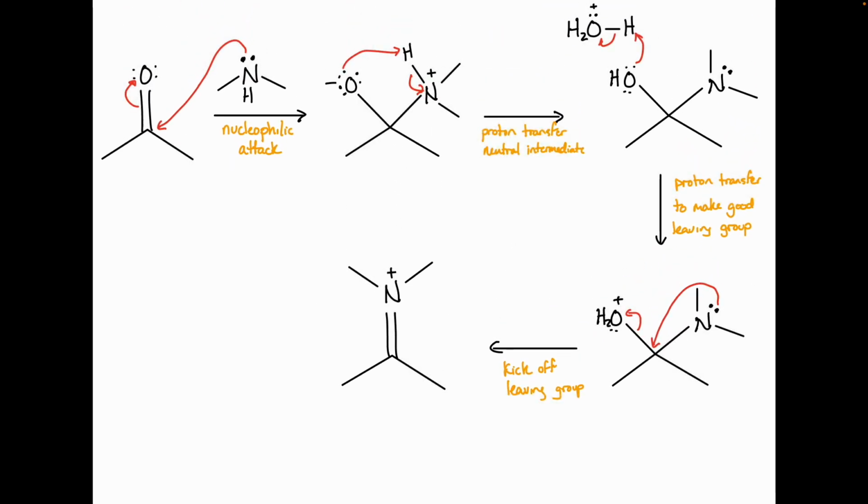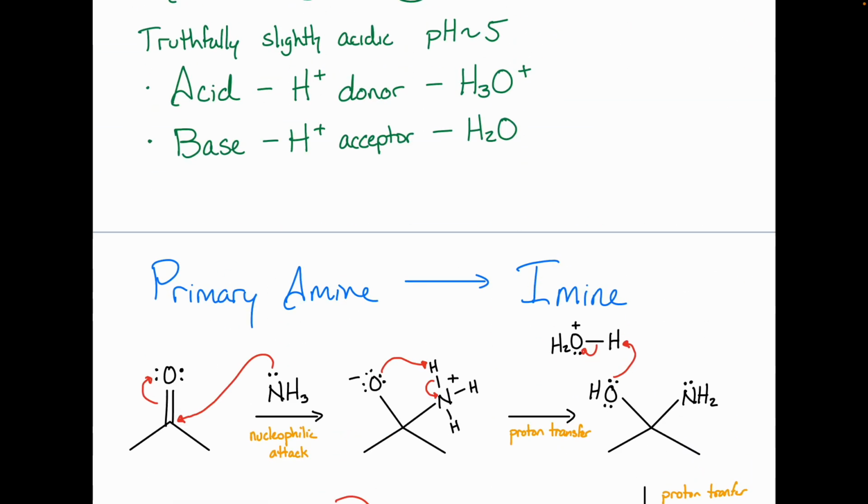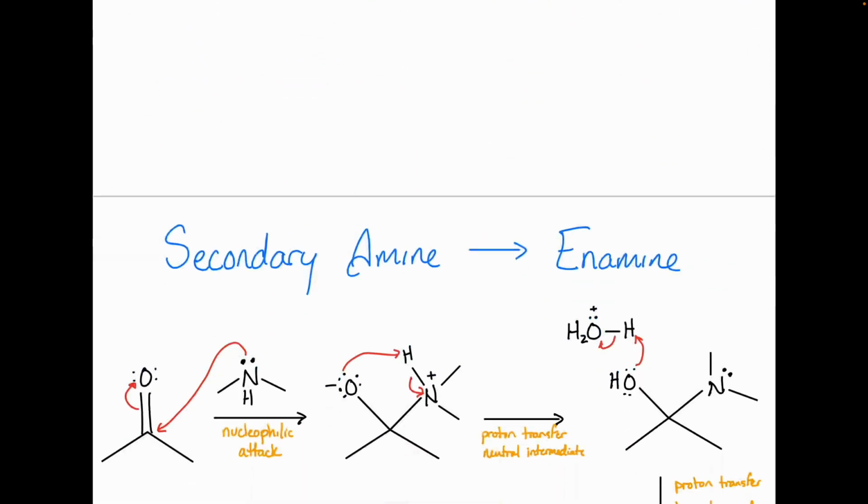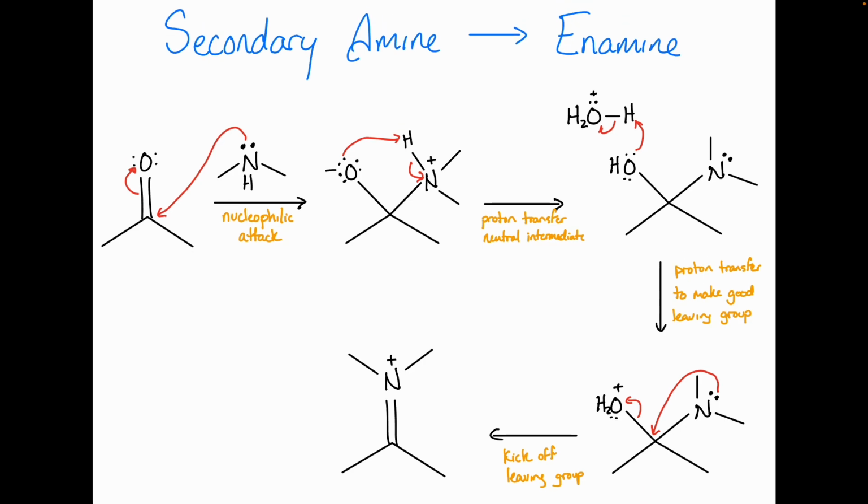All right, so if we were to stack these two mechanisms side by side, the one for our primary amine and the one for our secondary amine, we would see that they're literally identical up until this point.